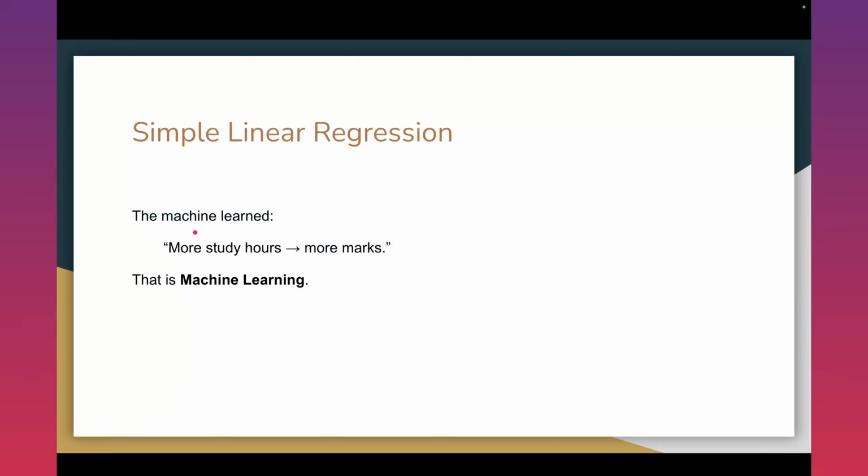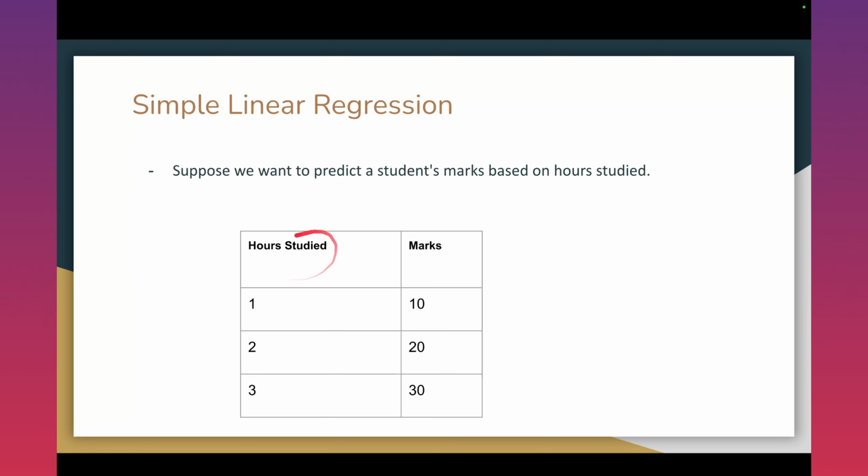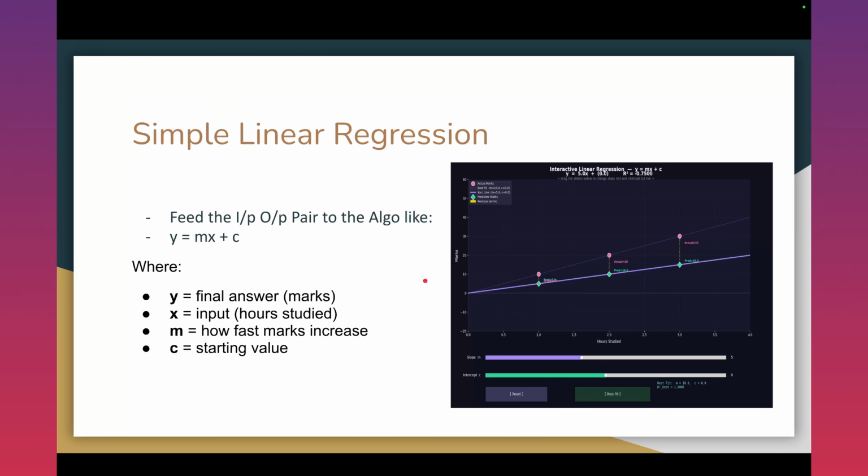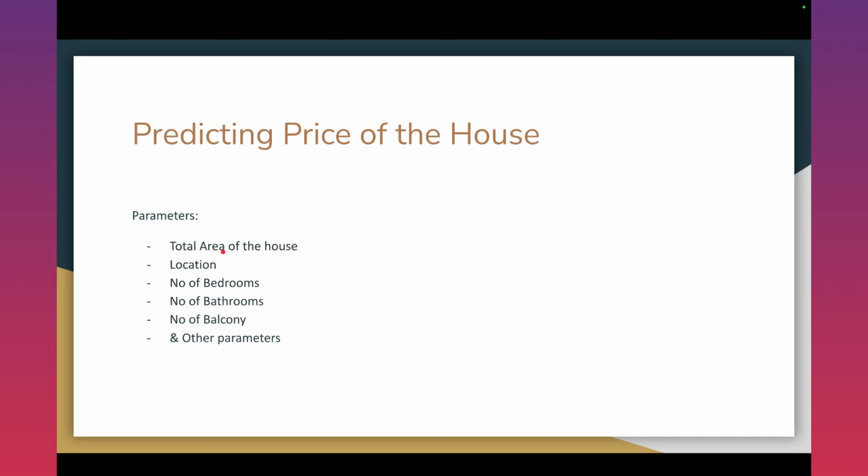So this is how a simple linear regression works. Imagine you have only one variable over here, the number of hours of studies, and you want to predict the marks. That's why we took a simple linear regression, which is a y equals mx plus c equation. But imagine now you want to predict the price of a house.